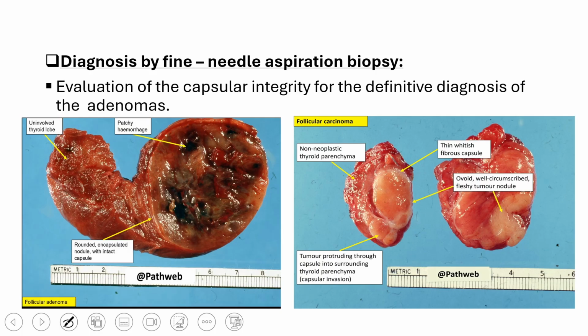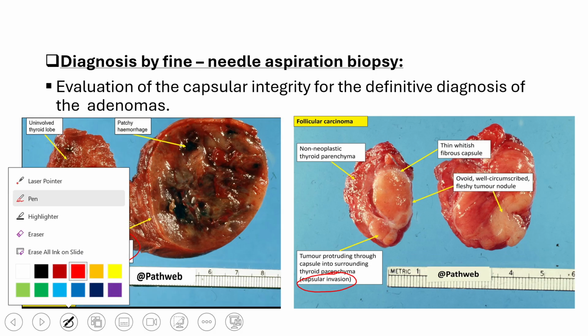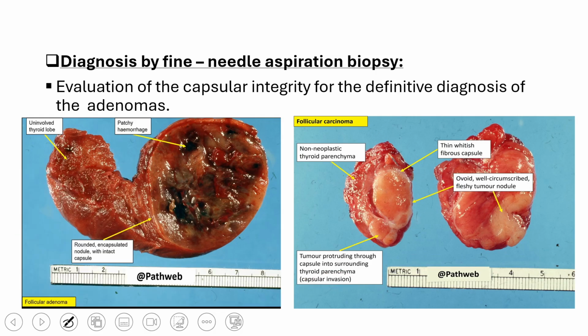We see the capsular integrity is well maintained in case of adenomas. That is, the capsule in adenoma is not as thick as it is in follicular carcinoma. That means capsular invasion can be appreciated in follicular carcinoma, which is rare to be found in follicular adenoma. Such things can be appreciated from the biopsy sample.